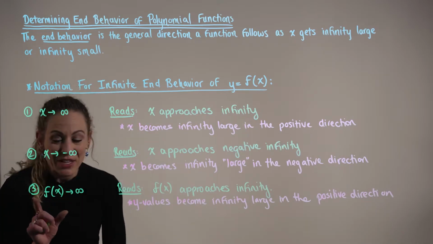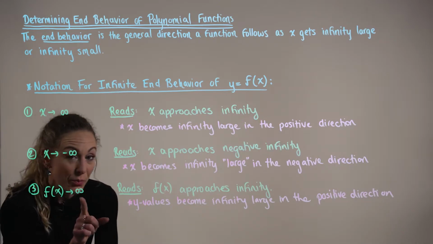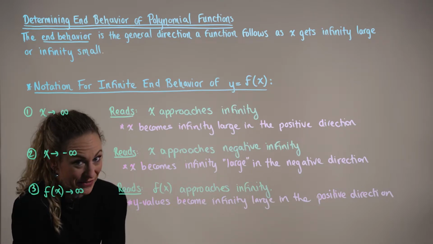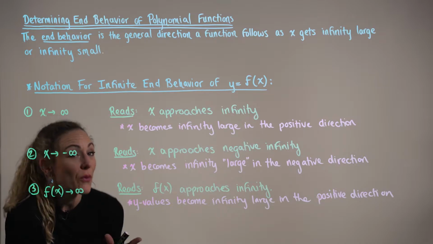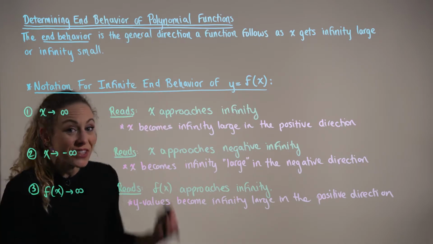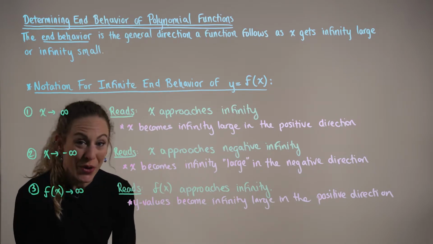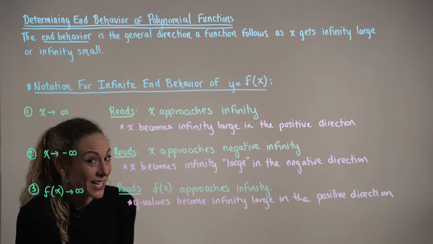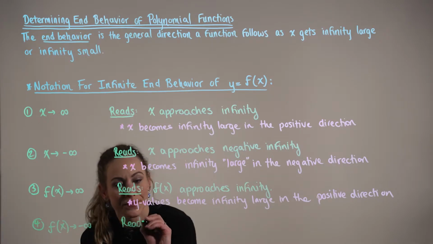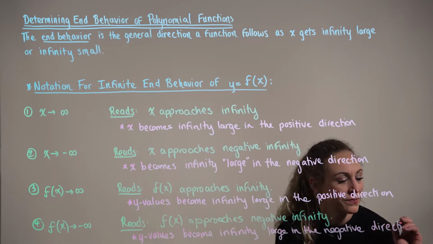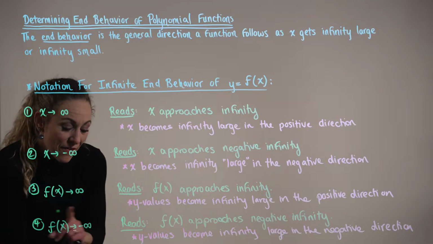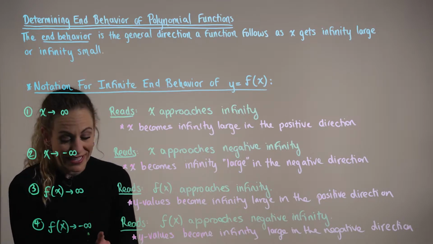So similarly to case 1, we now have f of x is approaching infinity, or positive infinity. So with case 3, this notation implies that the y values are growing infinitely large in the positive direction without bound. And last but not least, in our last case, we have that f of x is approaching negative infinity.